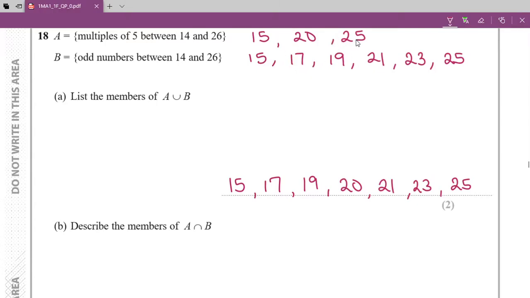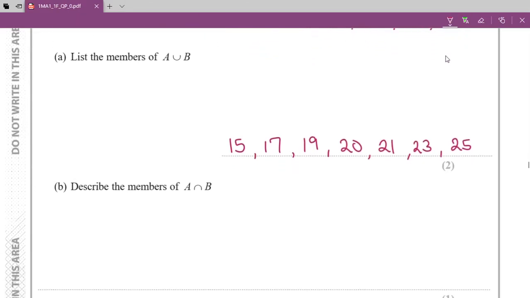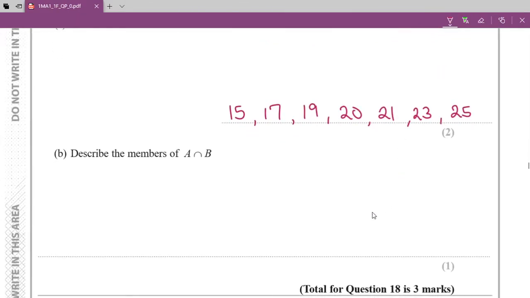We have 25 and then we have 25. So the two elements there in set A and set B are 15 and 25. So I come down here and I write them. 15 and 25.